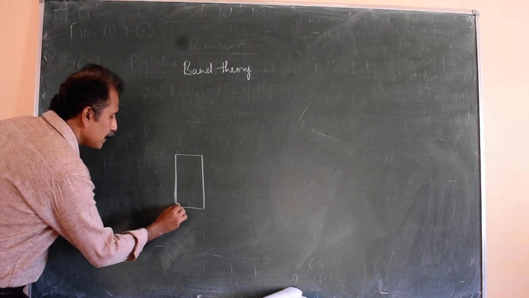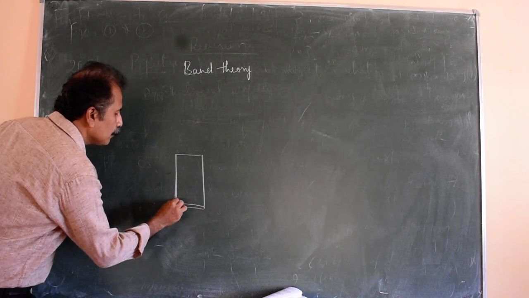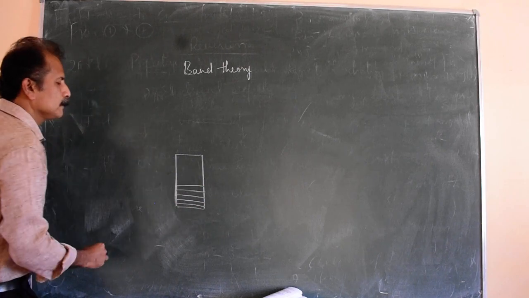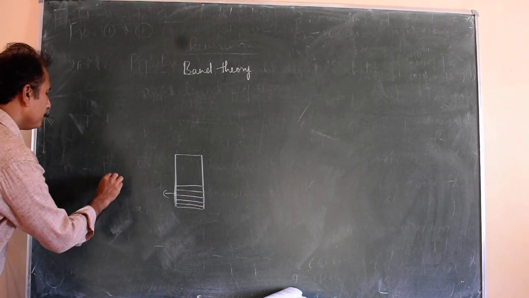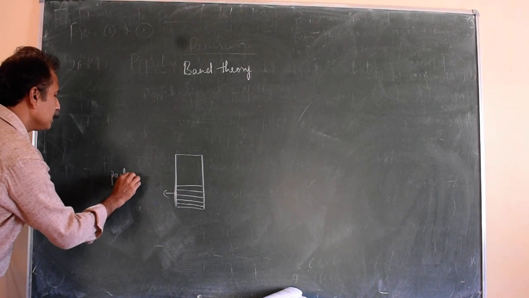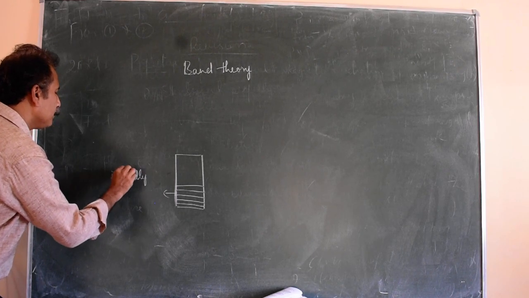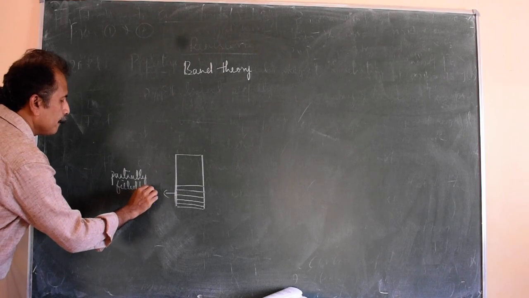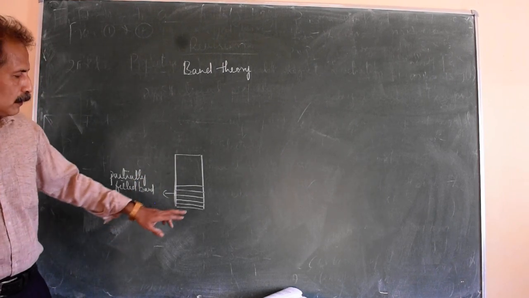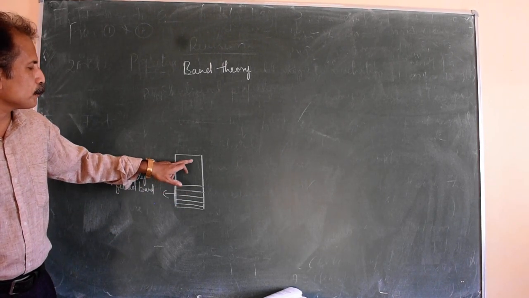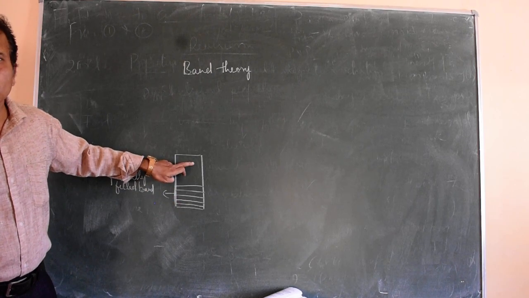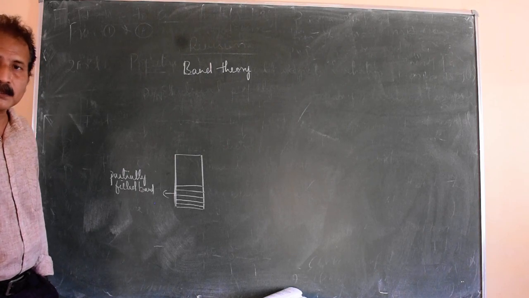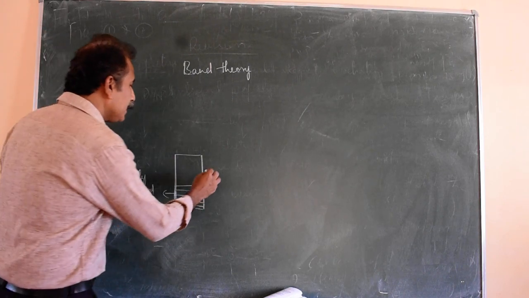This band has to be partially filled. This is one scenario where the electron has space to move. Therefore, it will show you conduction.